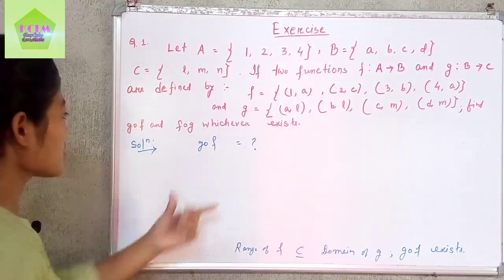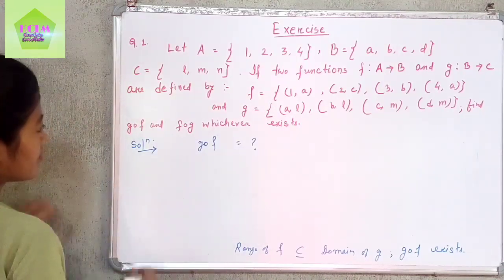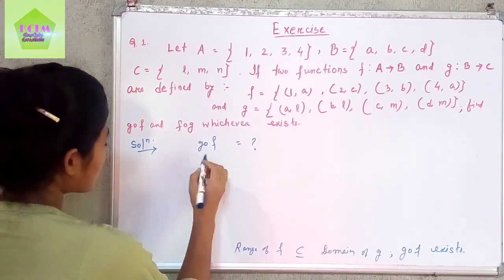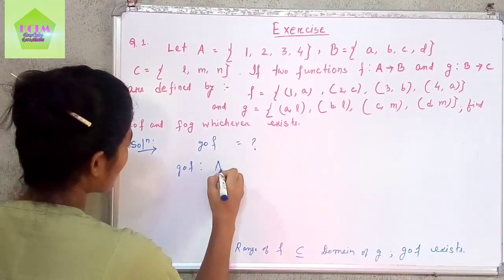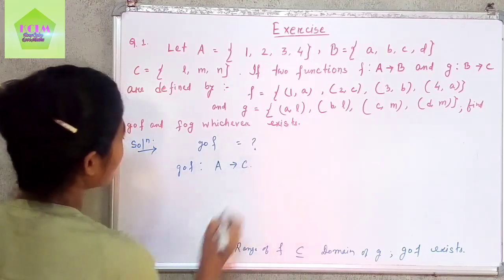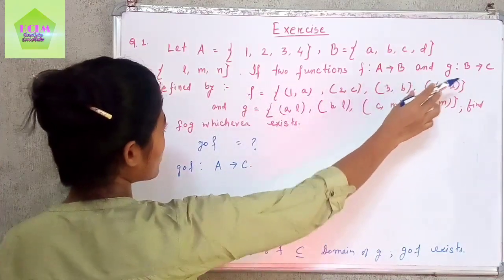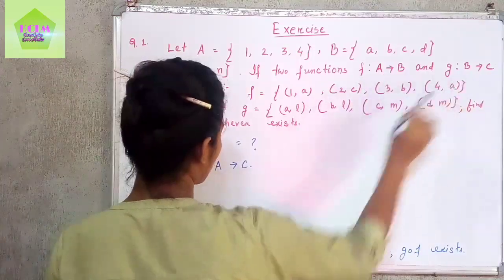The composite function g∘f goes from the set A to C, because f goes from A to B and g goes from B to C, so their composite function g∘f always goes from A to C.